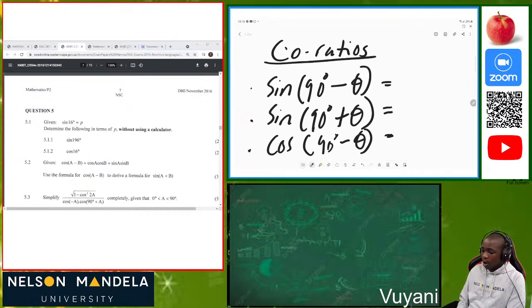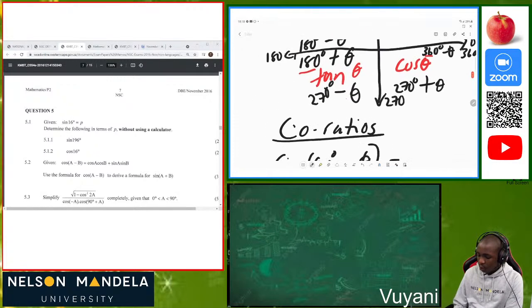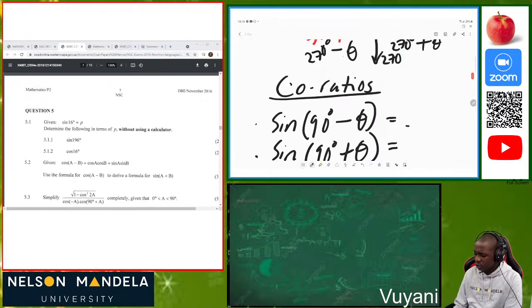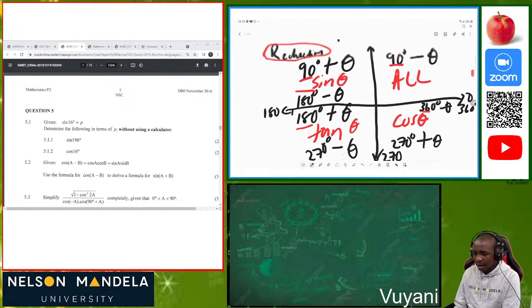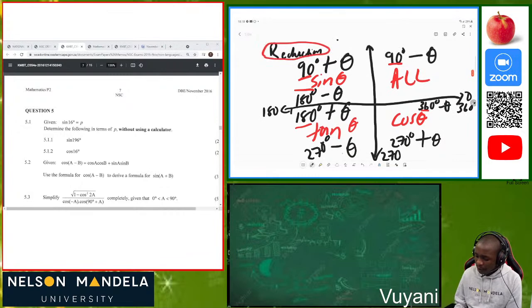So now, on the co-ratios part, when we say sine of 90 degrees minus theta, what is important in order for us to have the solution here? We're going to look at what is inside the brackets first. So we are having 90 degrees minus theta. We go back to our reduction formula, or our reduction cross.